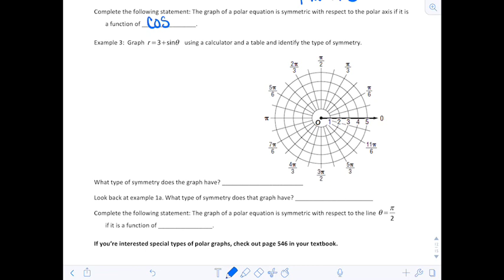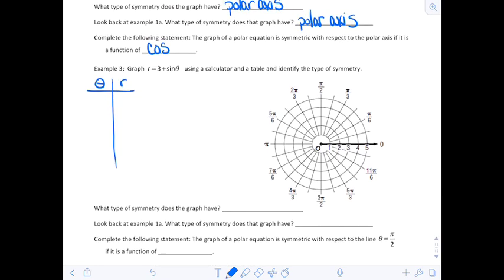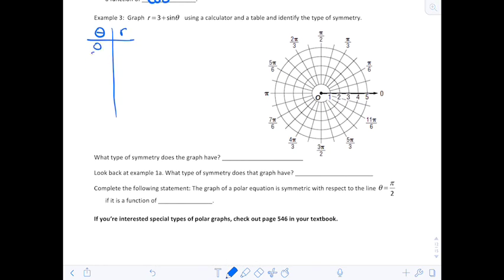So once again, we're going to make this table of values, and you can just keep the same table, theta and r, and go by 45s. So 0, pi over 4, 2 pi over 4, which is pi over 2, 3 pi over 4, 4 pi over 4, or pi, theta and r, 5 pi over 4, 6 pi over 4, which is 3 pi over 2, 7 pi over 4, and 8 pi over 4, which is 2 pi.